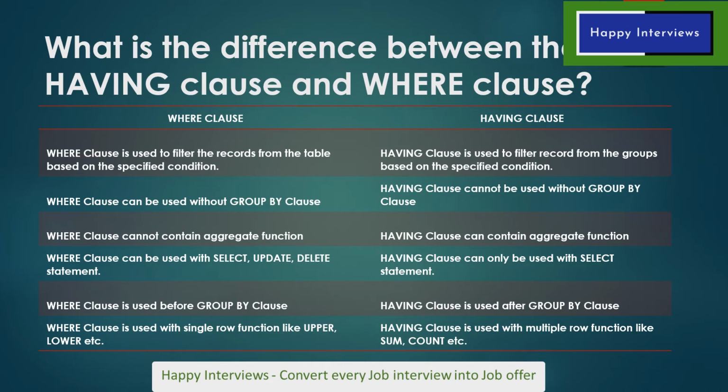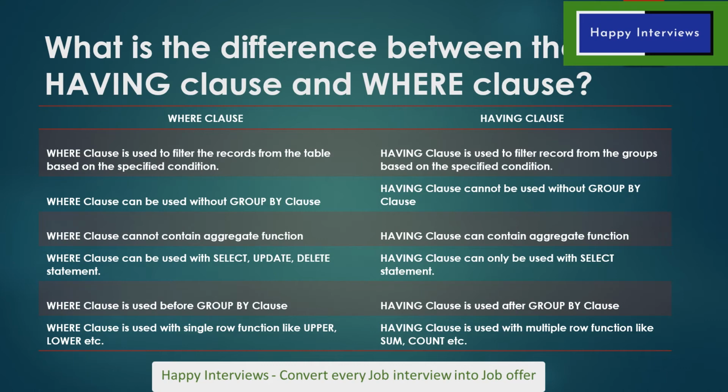Yes, we can use it, but we have to use that where before group by, and having will be used after group by. It will function the same as where, just that it will filter out the records from that group which is made by group by clause.